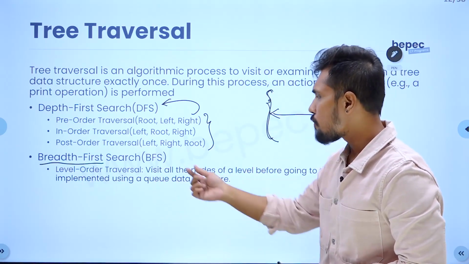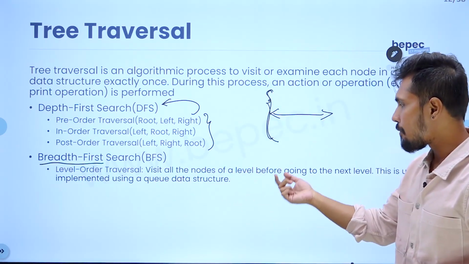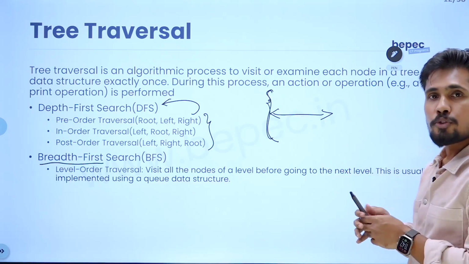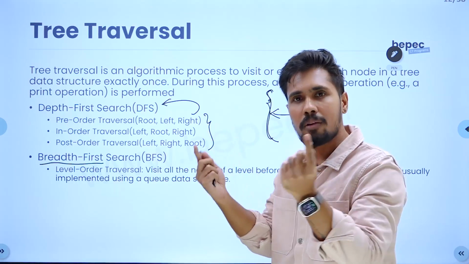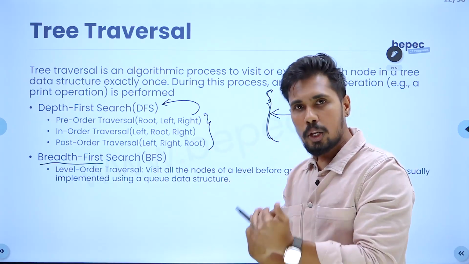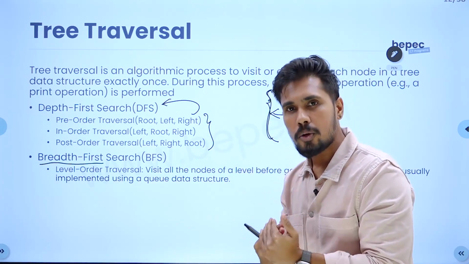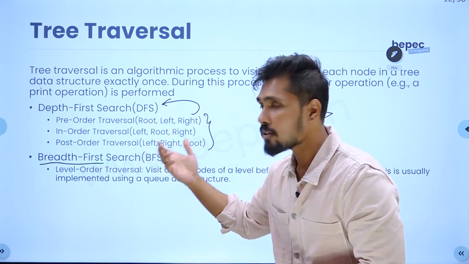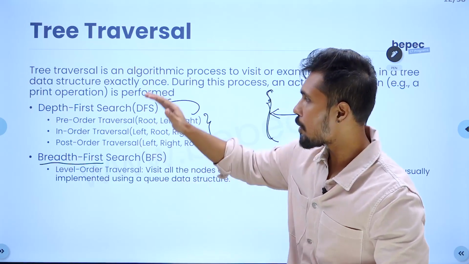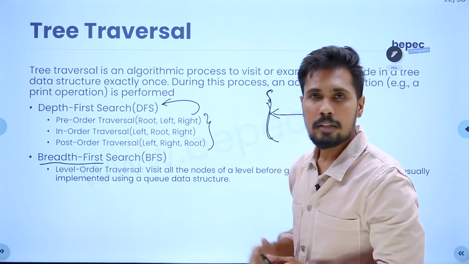What is that? Visit all the nodes of a level before going to the next level. You cover all the values in level 1, and then go to level 2, then level 3, and then level 4. We call it breadth first search traversal. So you have depth first search and breadth first search.